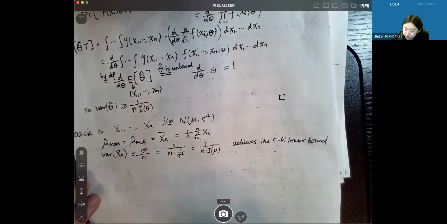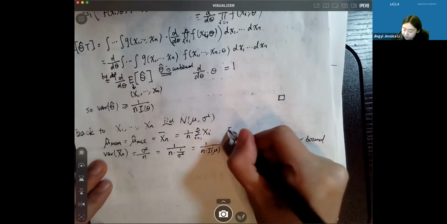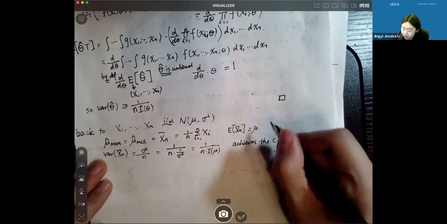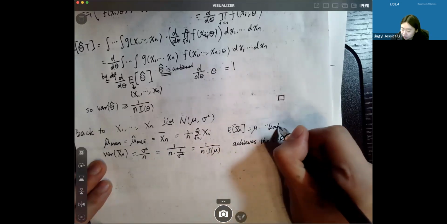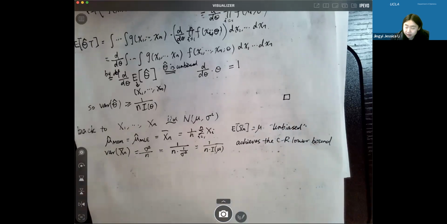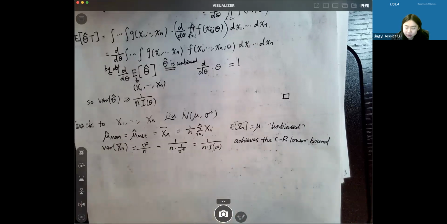Furthermore, the expectation is equal to mu. This is the first check we need, so it's unbiased, and it satisfies the Cramer-Rao lower bound requirement. Besides unbiasedness, we verify that its variance is the smallest we could achieve. Therefore, we give this estimator a name.